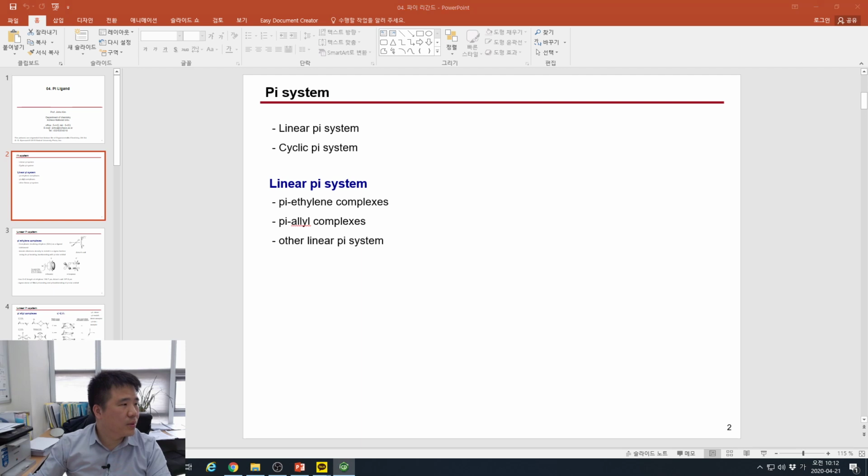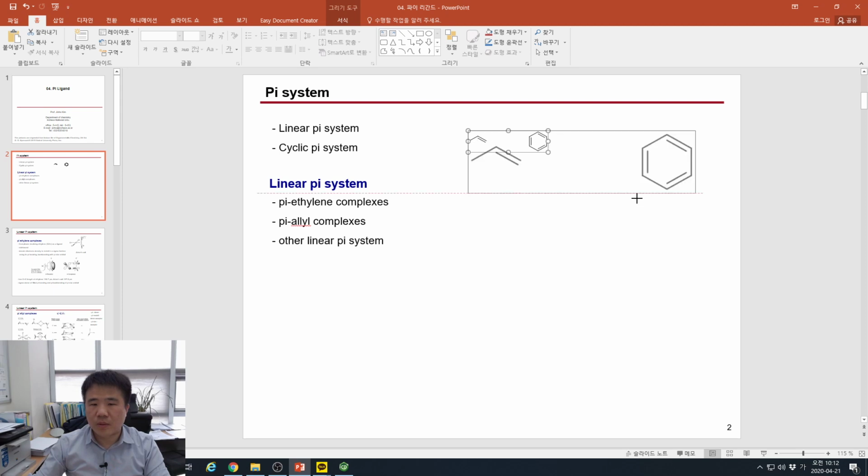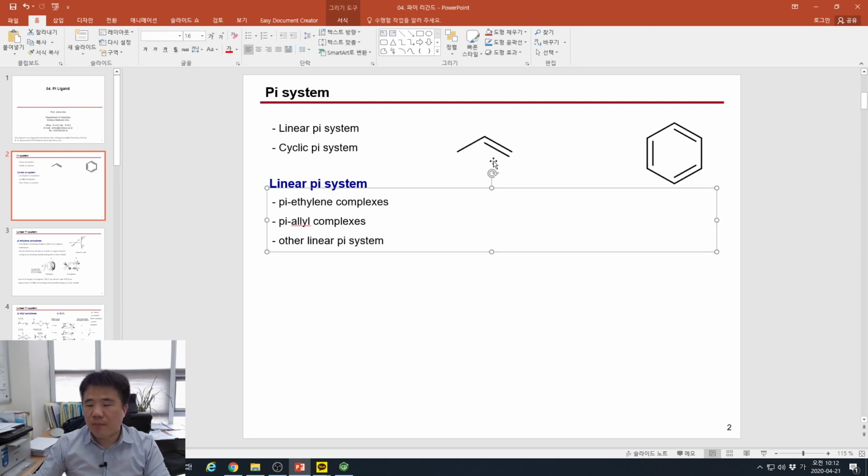For example, this type is a linear pi ligand. This type is a cyclic pi ligand.